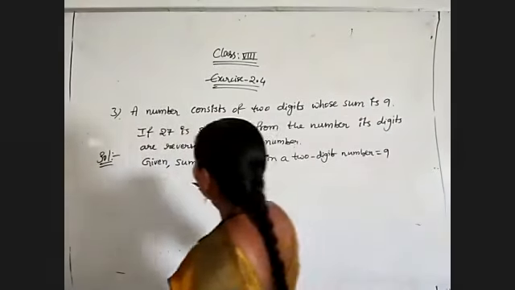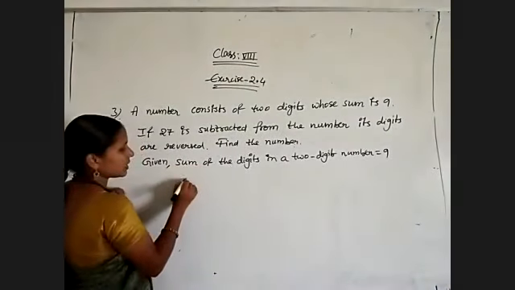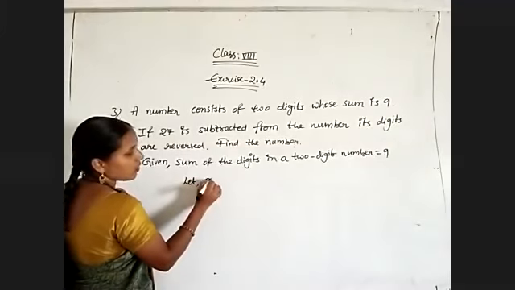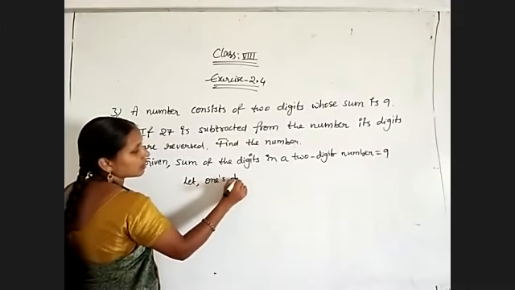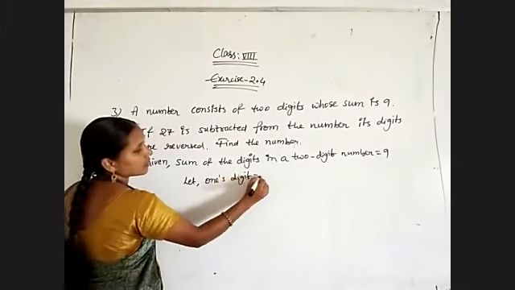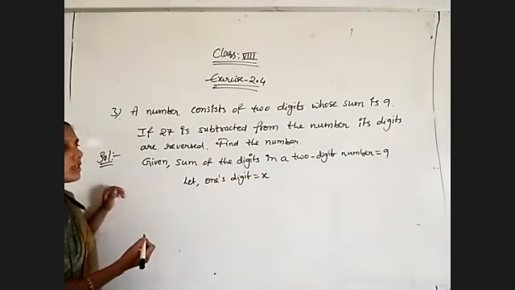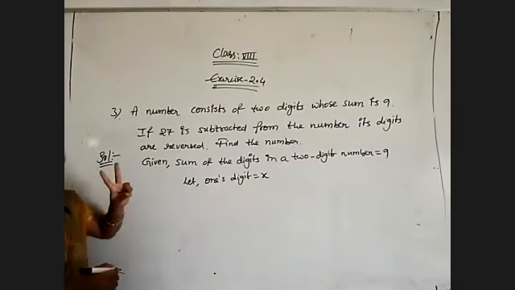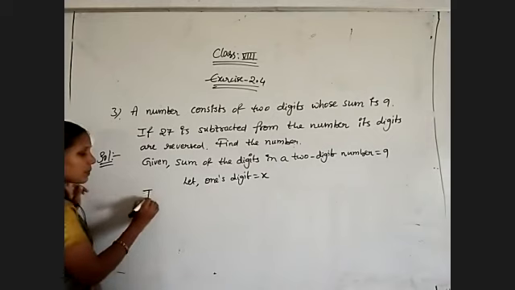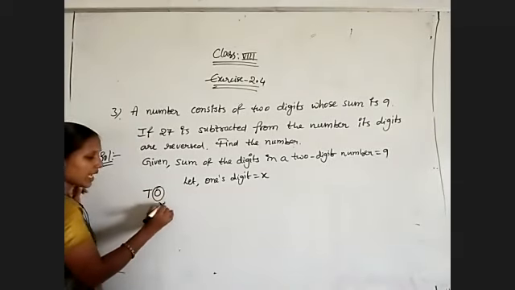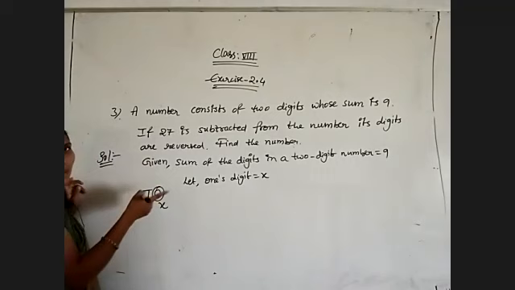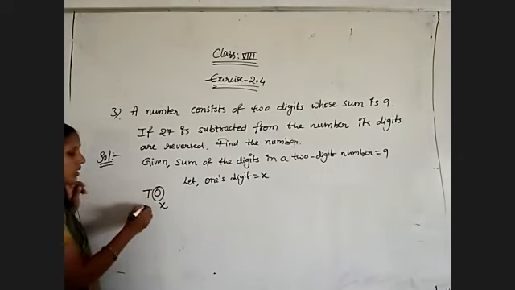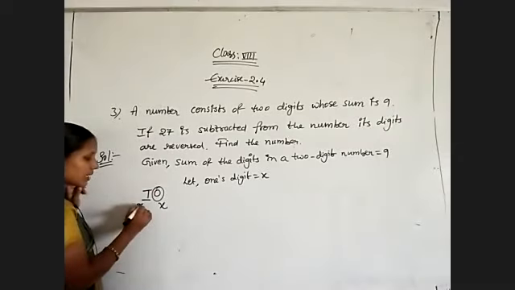So I am taking its units digit, let the units digit of the number be x. A 2 digit number means we must have 2 digits, the tens place and the units place. In the units place I am taking x. And it is given that the sum of those two digits is equal to 9, so compulsorily the other digit will be 9 minus x.